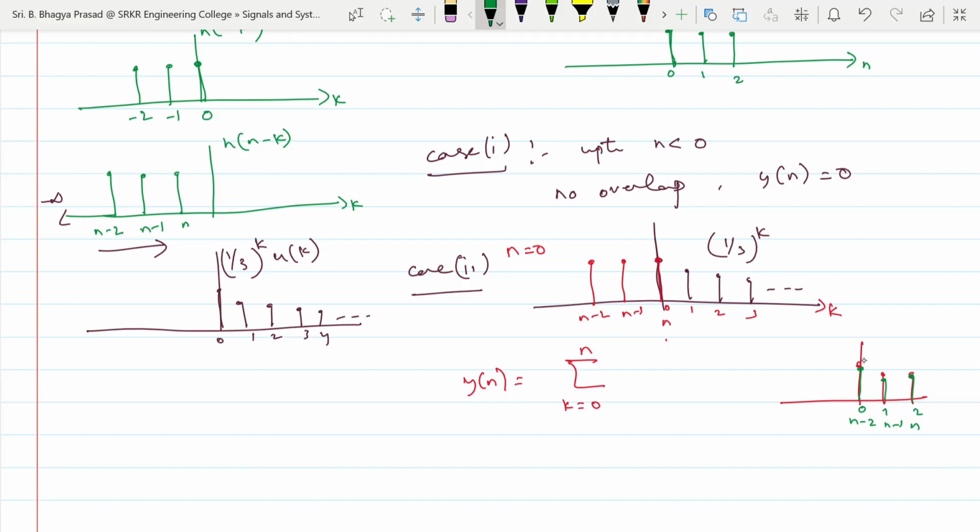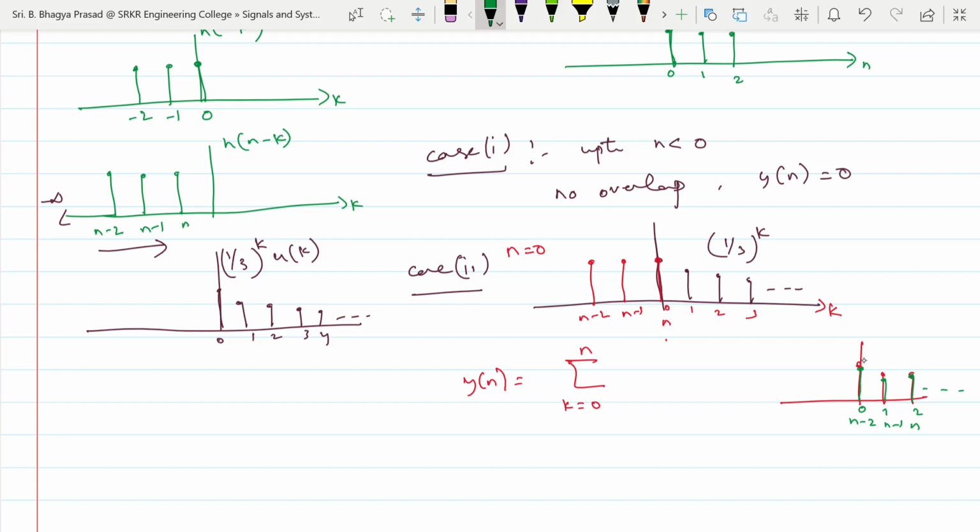Up to this type of overlapping, you consider the 3 products, that is for n equal to 0, n equal to 1 and n equal to 2. So you take the summation from k equal to 0 to n only, because after n equal to 2, that is when n is touching 3, the product will be different compared to this point.